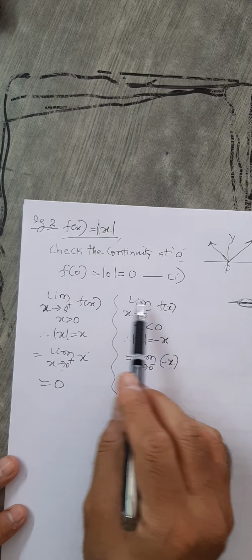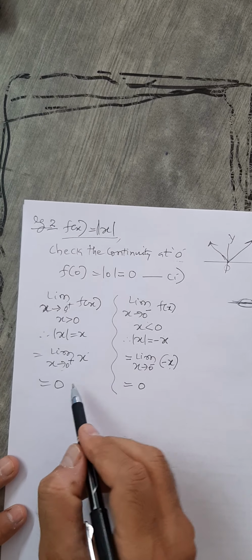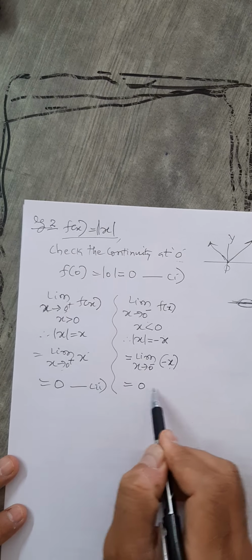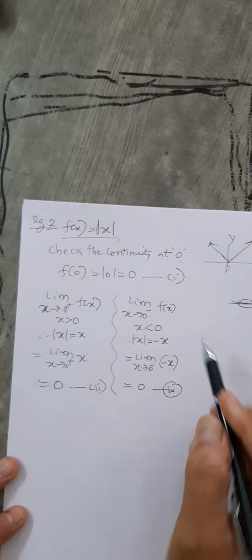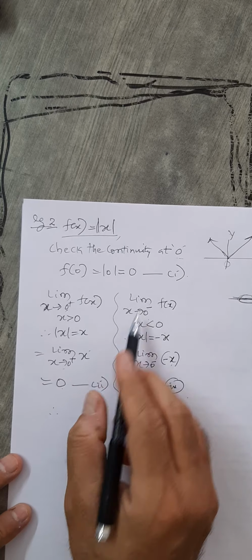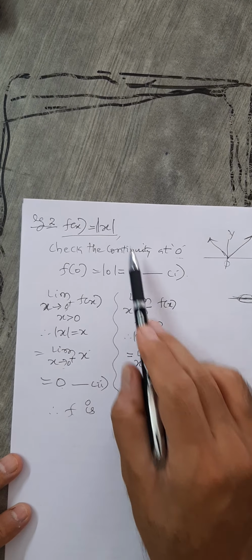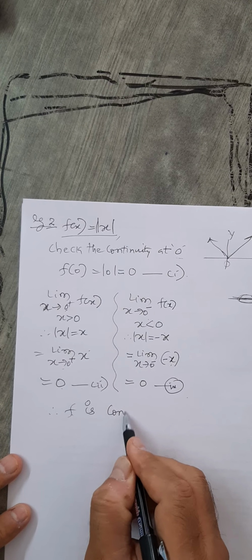Modulus x becomes minus x. This again turns out to be 0. So this is 2 and this is 3. From 1, 2 and 3 we notice that all three are equal. Therefore the function f, which is modulus x, is continuous at 0.